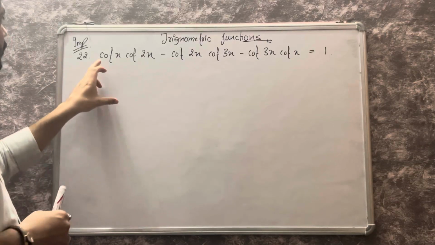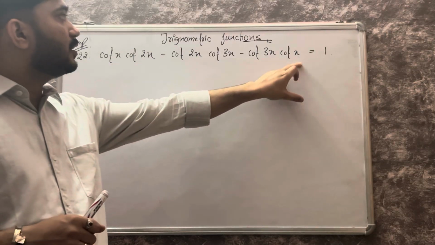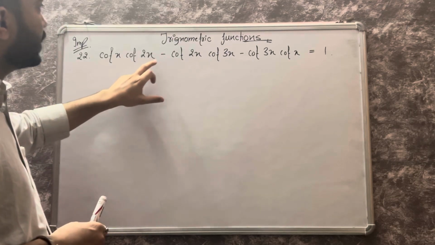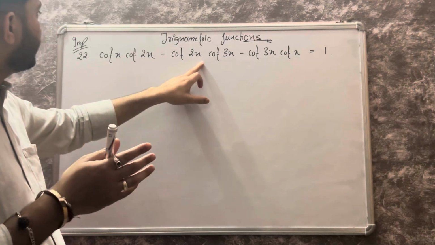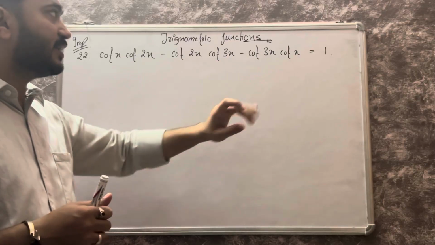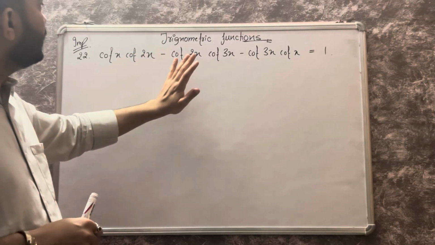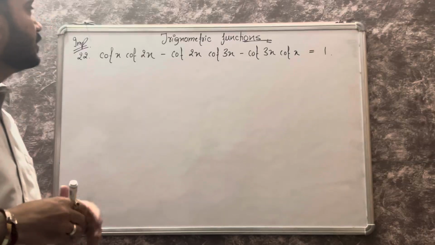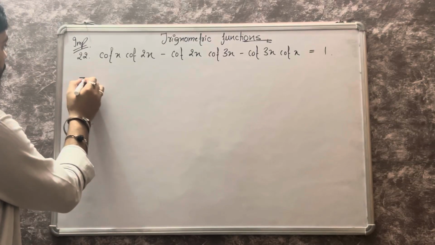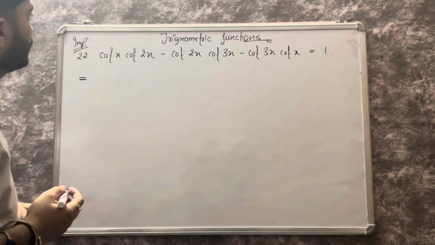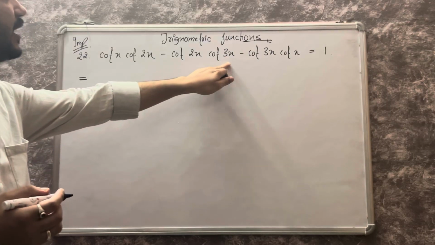Since you can see cot x twice in this left hand side, cot 2x twice, and cot 3x twice as well, you can take anything common here, but the cleverest thing to do is to take the biggest number common.